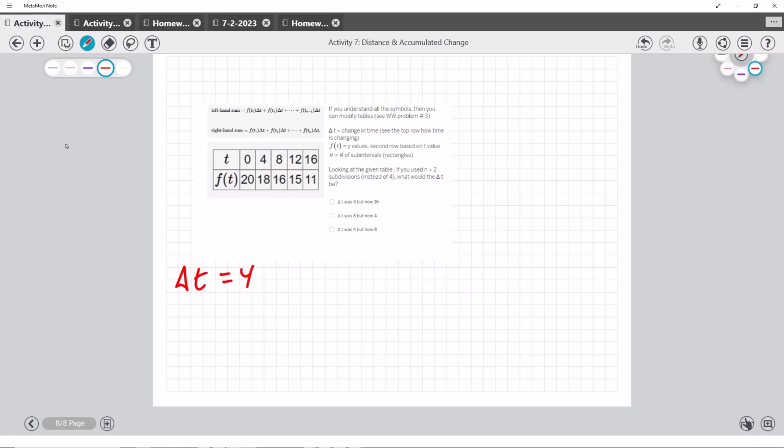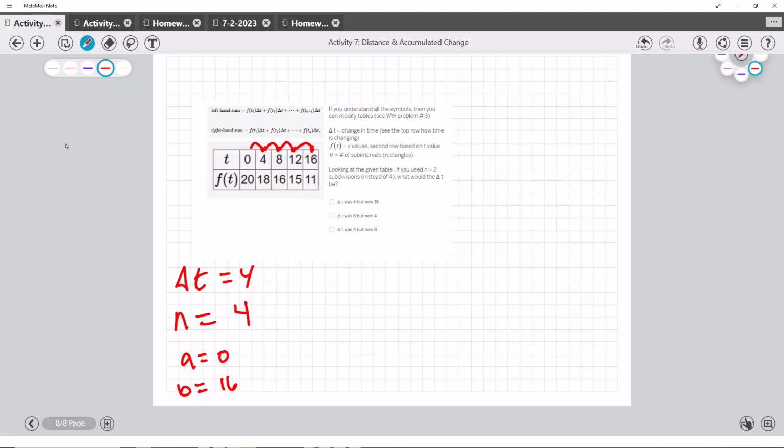How do I know that? 0, 4, 4, 8. See how it's jumping by 4s? You add 4. What is n? 1, 2, 3, 4. Sorry, n is 4 as well. Okay, just to be complete, a is 0 and b is 16, the start and the end.